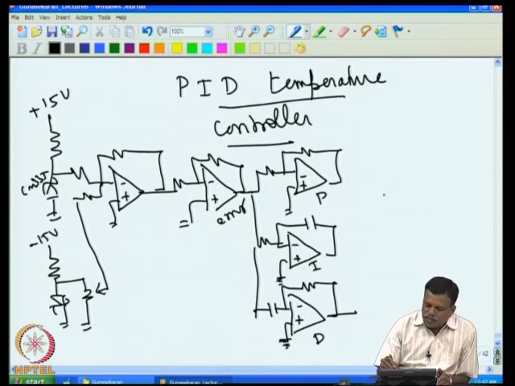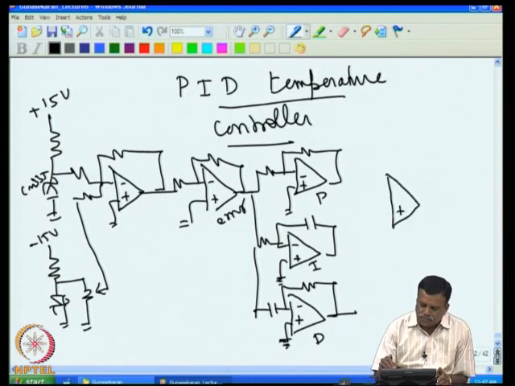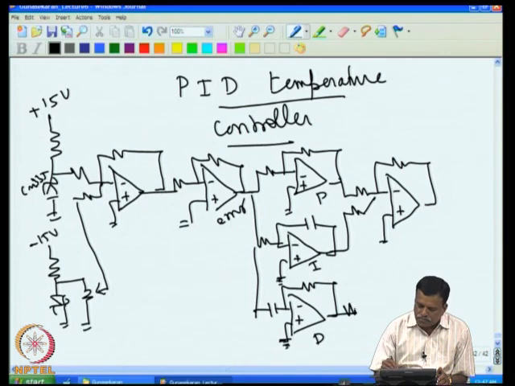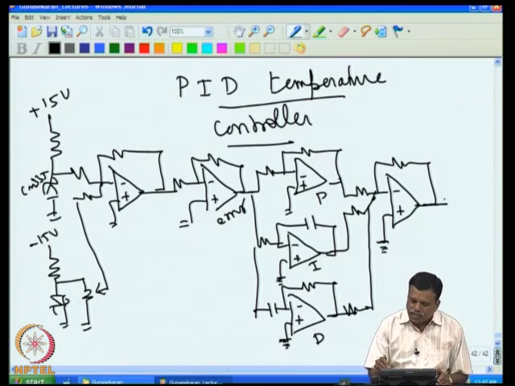Then you sum all these three. Like earlier you had summed only P and I, now we sum all these three. So you get the summed up voltage that should drive the heater now.